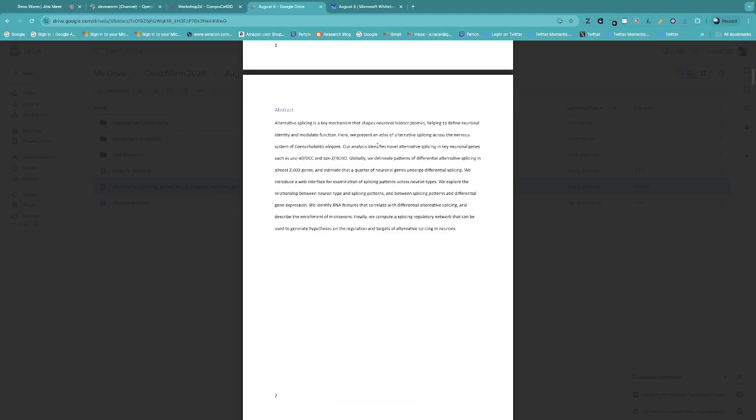So alternative splicing is a key mechanism that shapes neuronal transcriptomes. What alternative splicing is: when you have a gene, it will often have coding regions or open reading frames. Those open reading frames allow the transcriptional machinery to read certain parts of the gene.